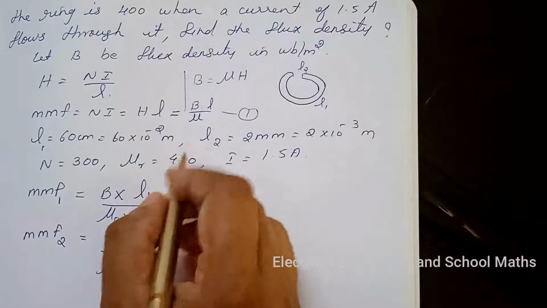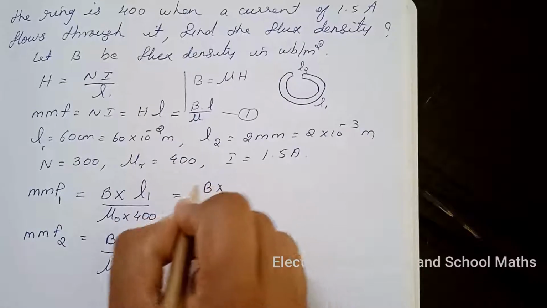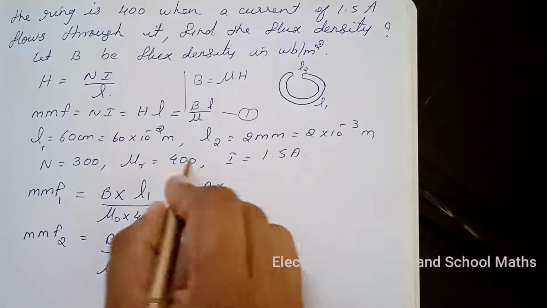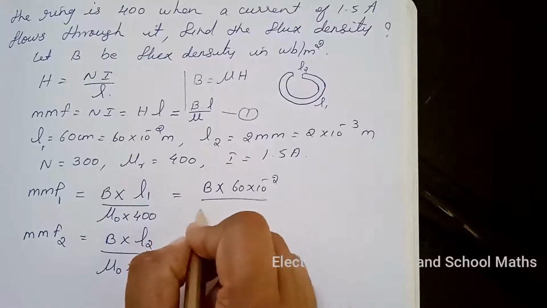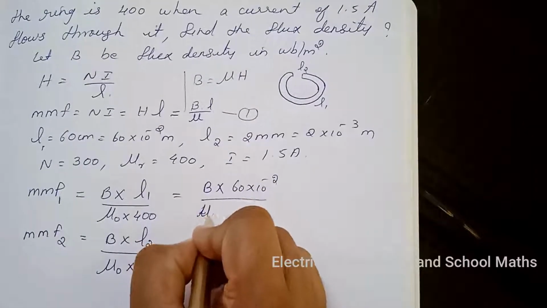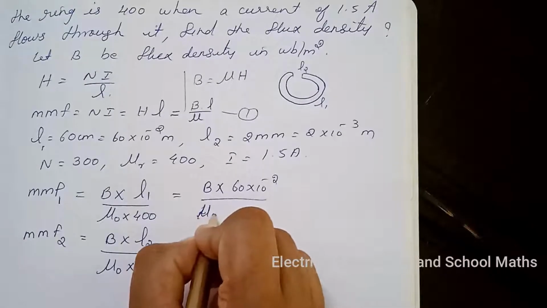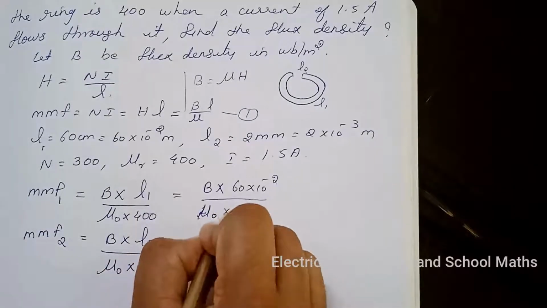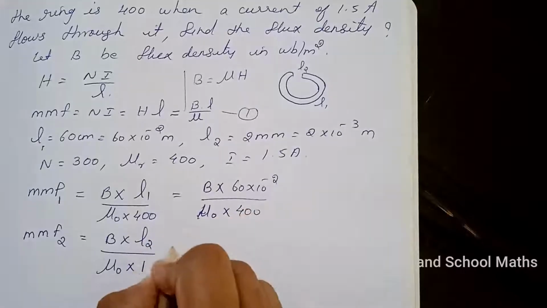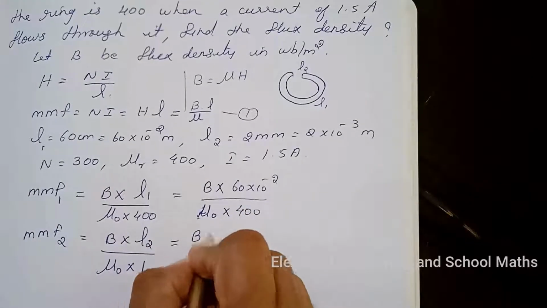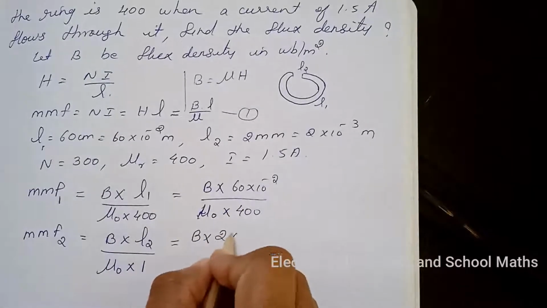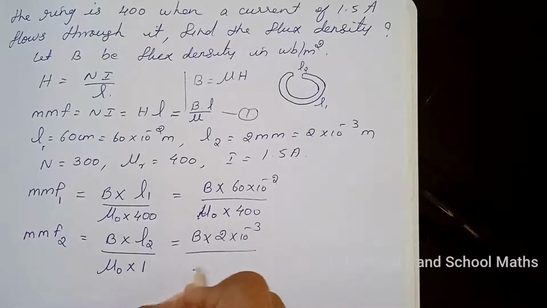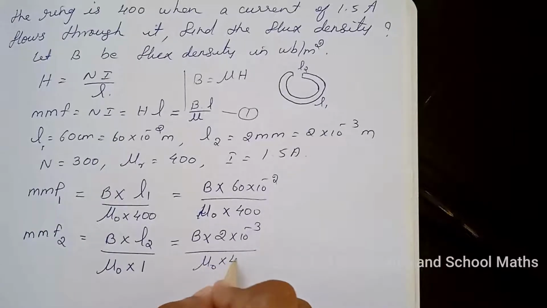Now substitute the values. B into L1 is given by 60 into 10 raised to minus 2 divided by mu 0 into 400. Then here B into L2 is given 2 into 10 raised to minus 3 divided by mu 0 into 1, that is mu 0.